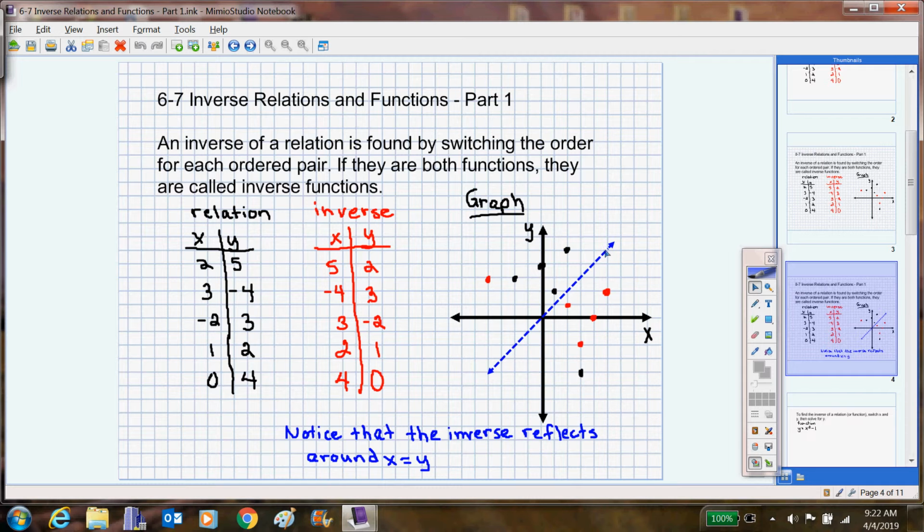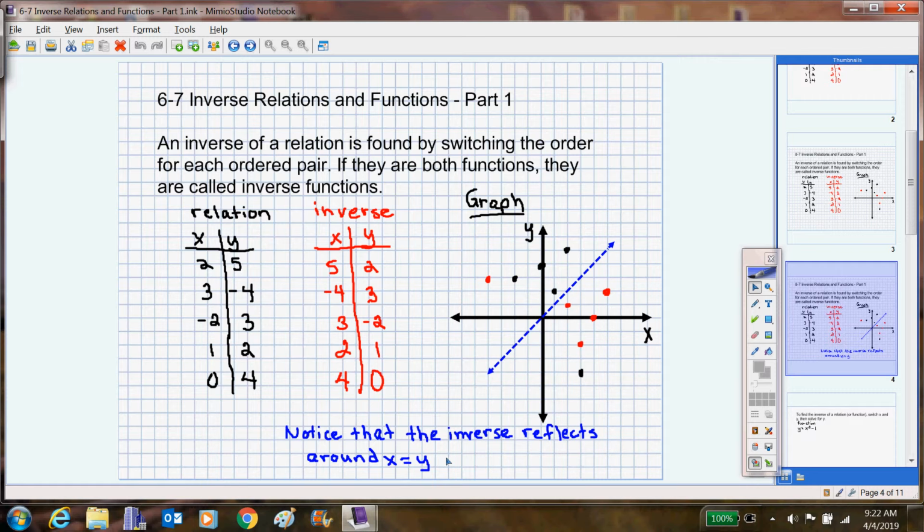And I made it dotted because it's not actually part of the graph, but it's an important fact that when you look at a relation and its inverse, you do have an axis of symmetry that goes along that line, and it's the x equals y line, because (1, 1), (2, 2), and (3, 3), those are the ordered pairs along it, where x equals y. This is our graph.